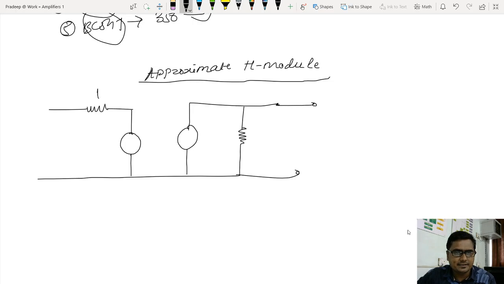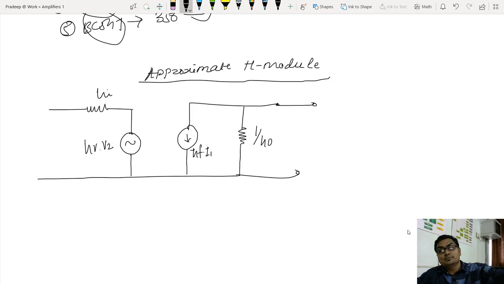Okay, let me show the correct one here. It is HI. This is voltage. I will write HR multiplied by V2. This is a current source. I will write HF multiplied by I1, and this is 1 divided by HO. This is the actual hybrid model.